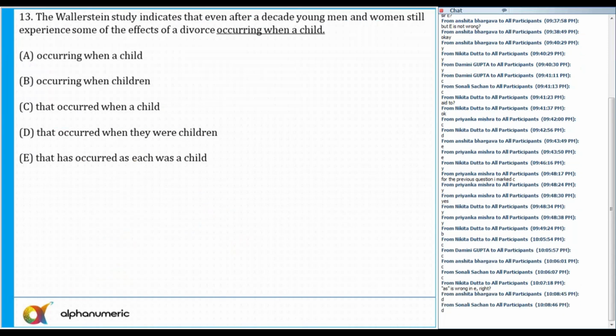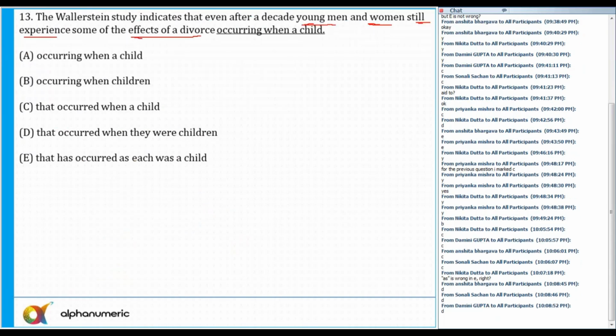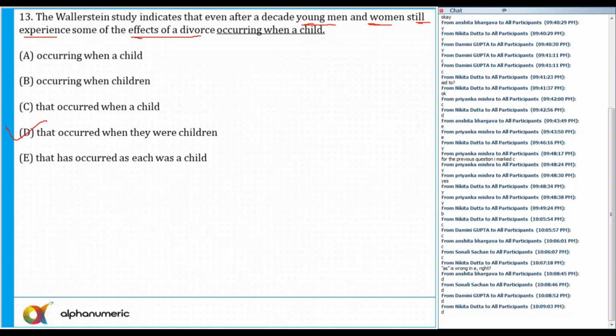That means what he's trying to say is that these young men and women still experience some of the effects of the divorce that had happened when they were children, isn't it? That occurred when they were children. Yes, absolutely. D is the right answer for question number 13.